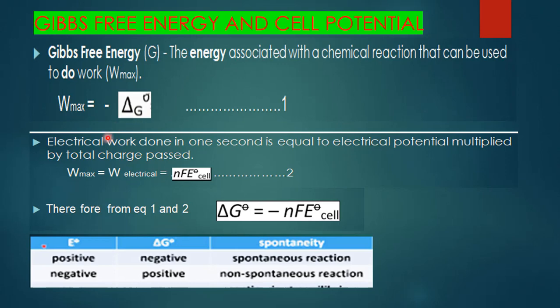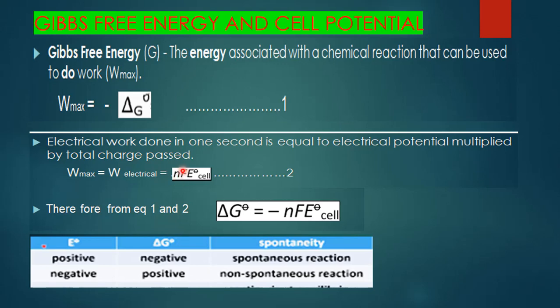At the same time, in case of a chemical cell, electric work done is equal to electrical potential, that means E naught, multiplied by the total charge passed. Total charge is nF, where F means 1 faraday, n means number of electrons exchanged in the balanced equation.